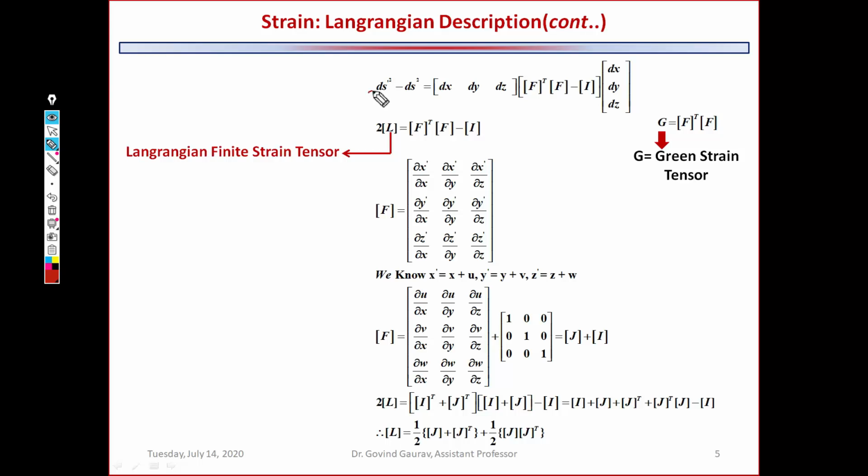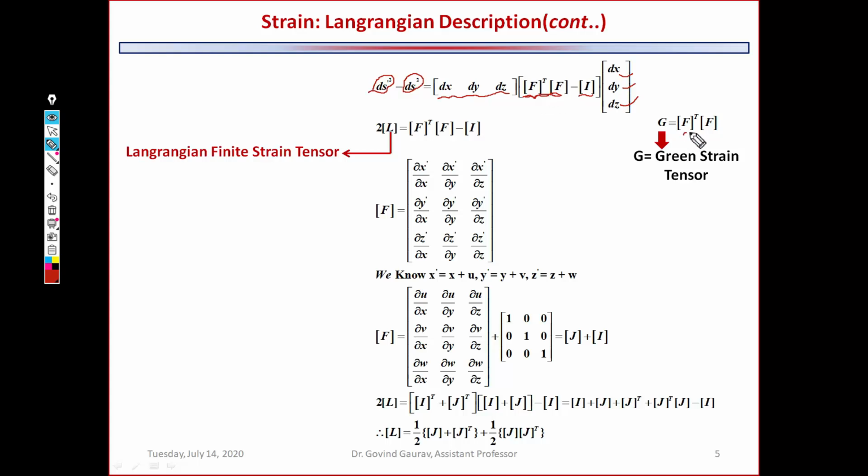Now we have calculated the values of ds dash whole square and ds whole square. If we rearrange the terms, we will finally get an equation of this form: dx dy dz multiplied by f transpose f minus the identity matrix multiplied by dx dy dz. Now there is a notation given to f transpose f.